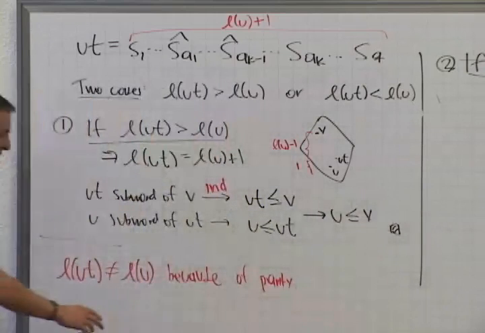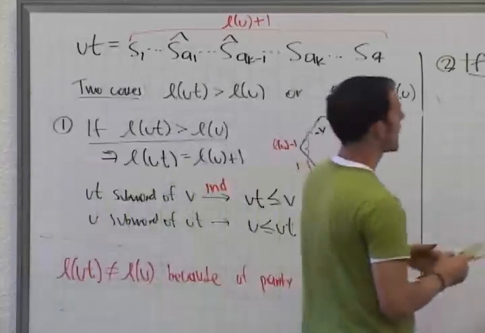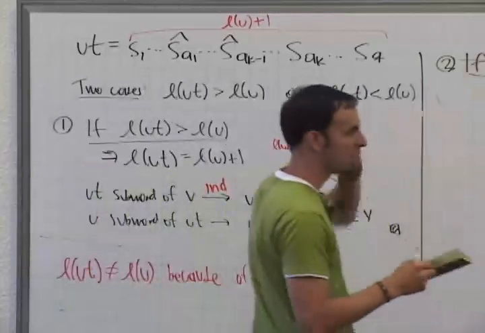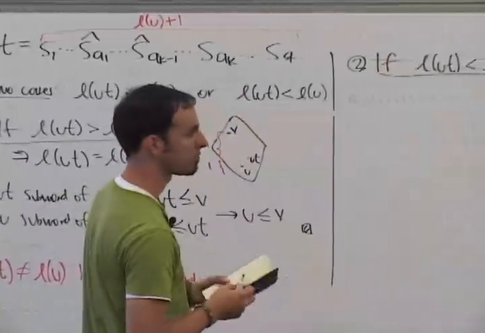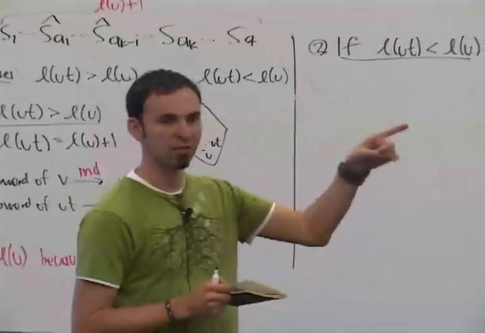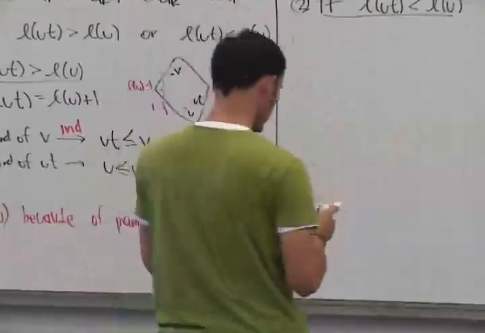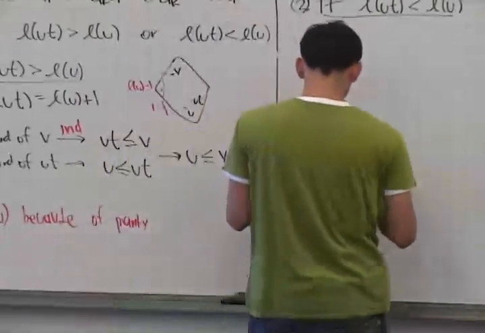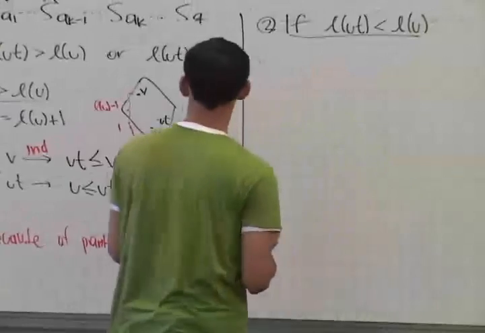We didn't have to think very hard to deal with that case. Now L of UT is less than L of U. We like that, right? Because that's exactly when we can apply exchange.